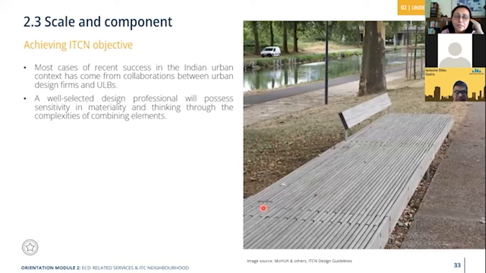But if this provision of the bench is carefully coupled with the quality of the shading, where should the bench be placed? Here there is a tree, and there is already shade here. It is designed extra wide so that a baby can crawl on it.